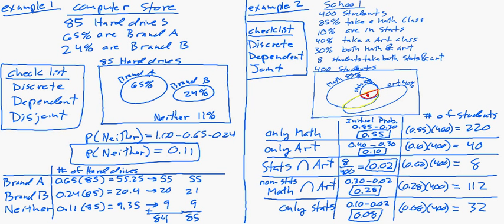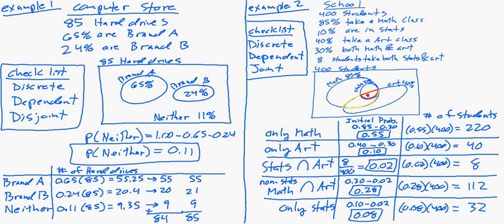And only art, actually maybe I will highlight. So here's our only stats. And then only art is down over here. And we have that's 10%. So that 10% and the 8%. Is there any intersection? No, there isn't.